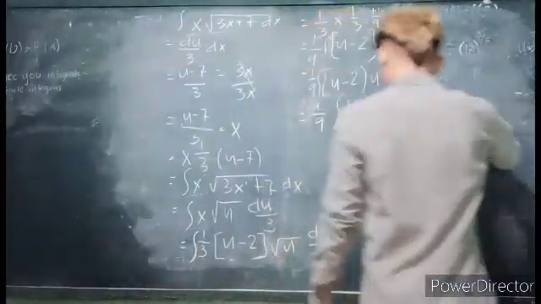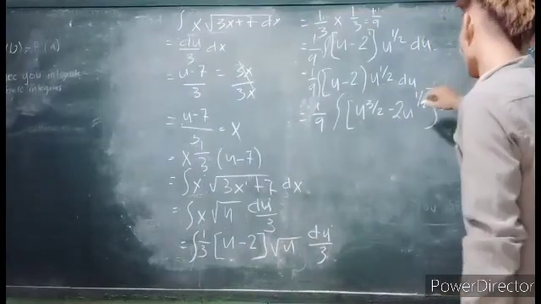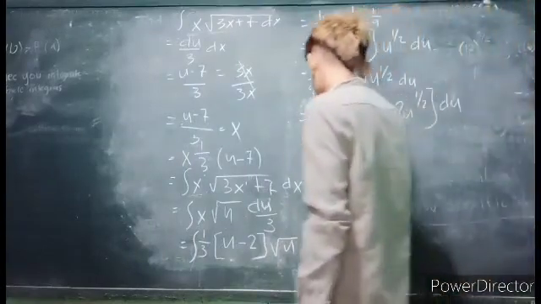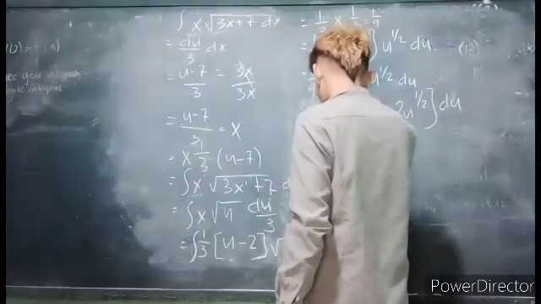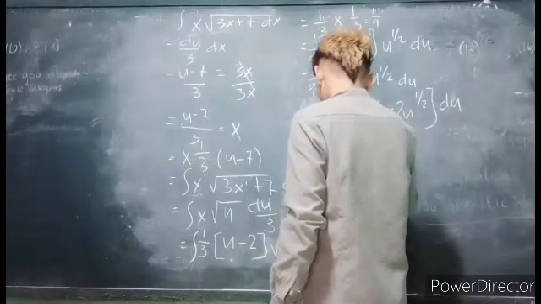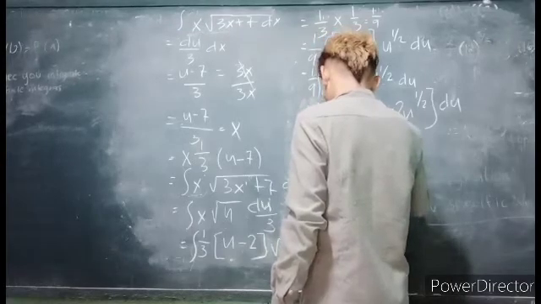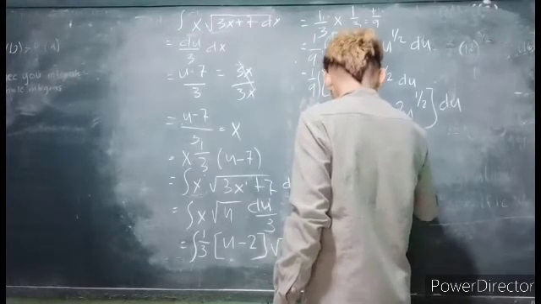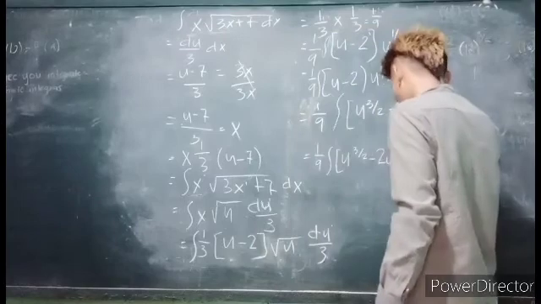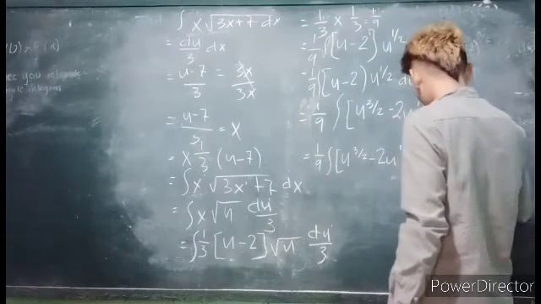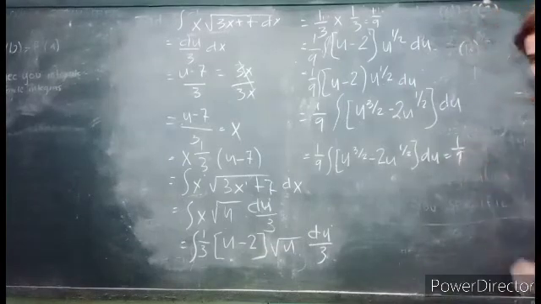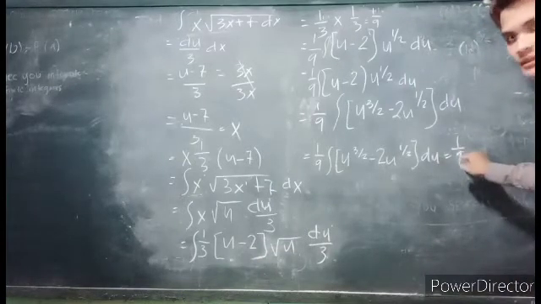So next, we can find the antiderivative of each term. So 19 times u to the 3/2 minus 2u to the 1/2 du.